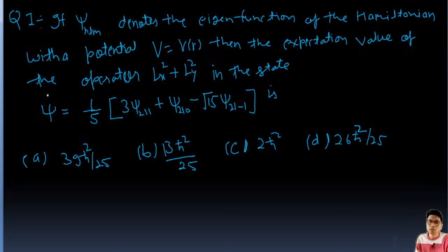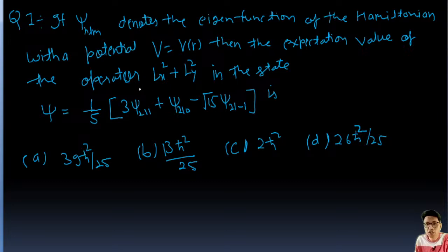Well, this is the question. So psi NLM, where n is the principal quantum number, l is the angular quantum number, and m is the magnetic quantum number. Psi NLM denotes the eigenfunction of the Hamiltonian with potential, the potential is a function of r.